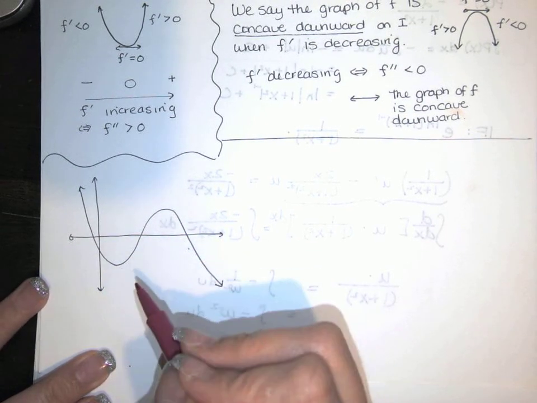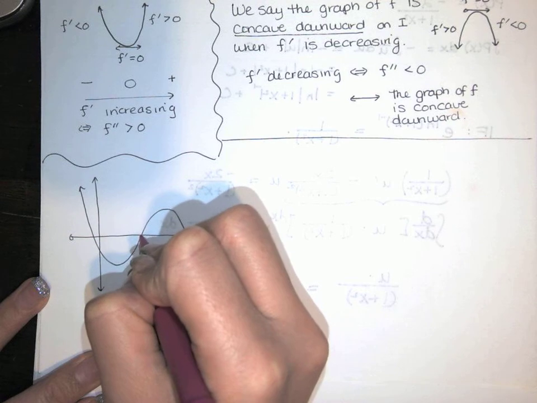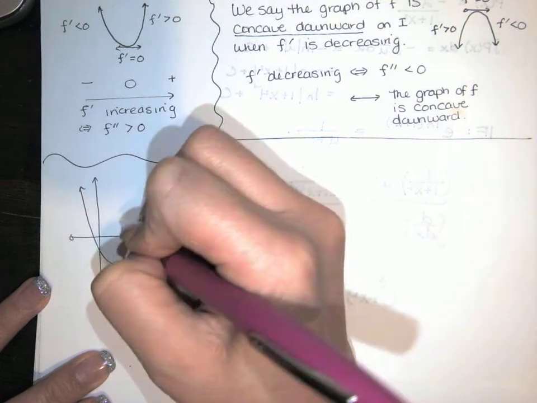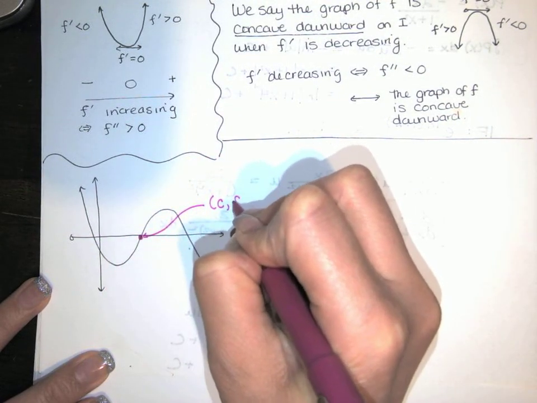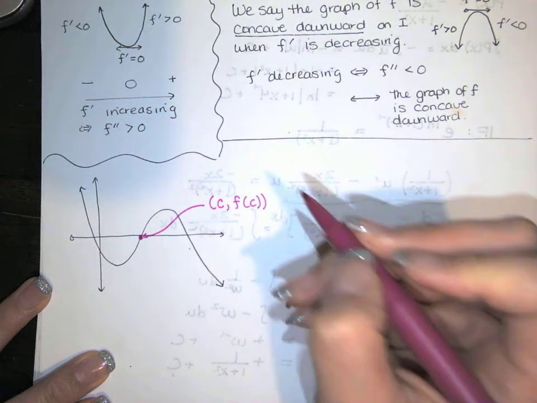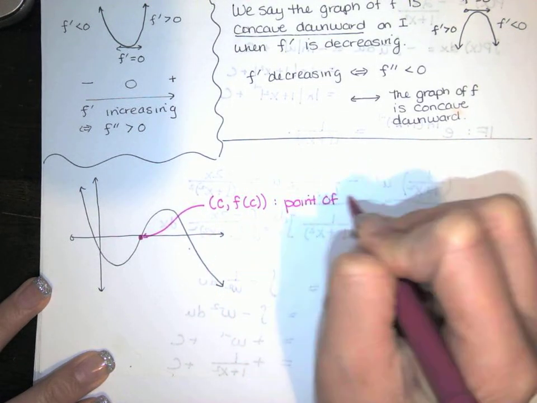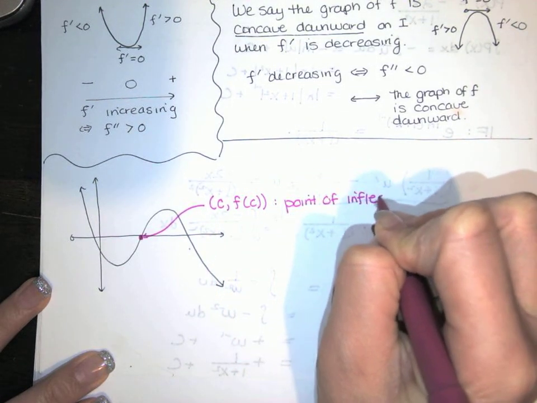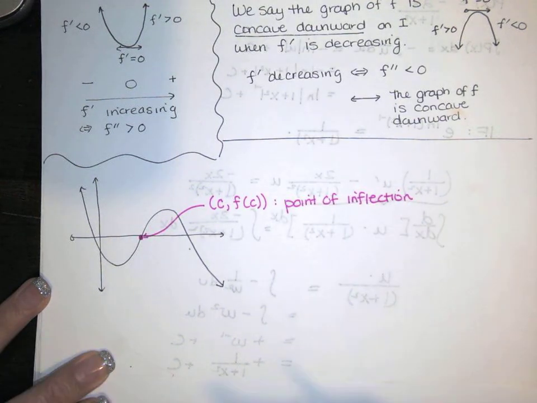Because I don't have a formula for this, it's hard to tell you where it switches, but there's some place in here, maybe it's there. That location, x equals c, y equals f of c, is called a point of inflection. A point of inflection is just a point on the graph where the graph goes from concave upward to concave downward or vice versa.